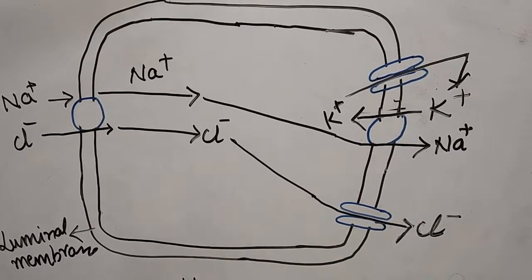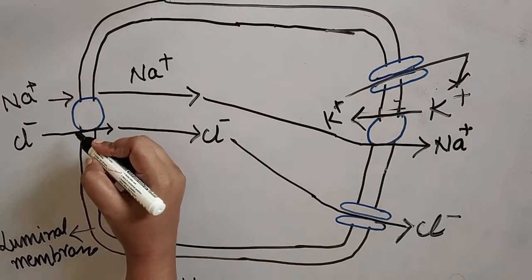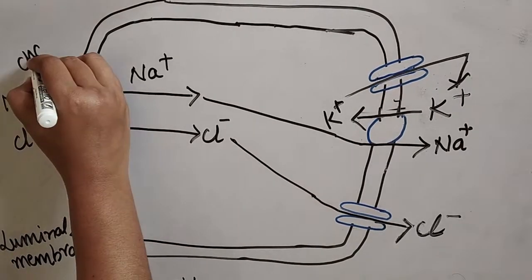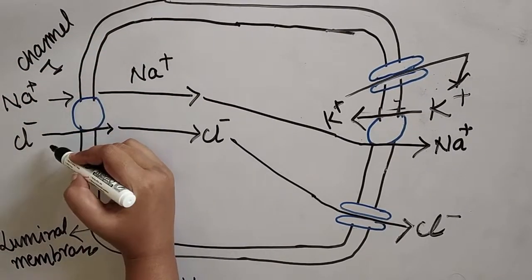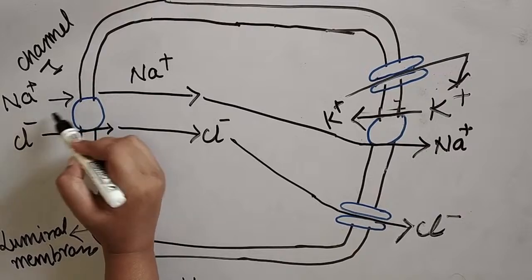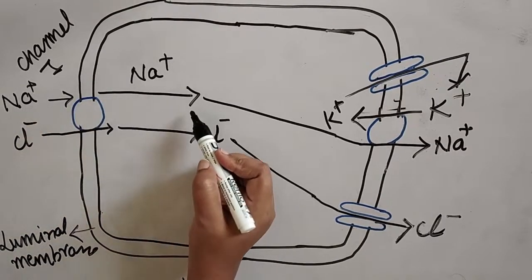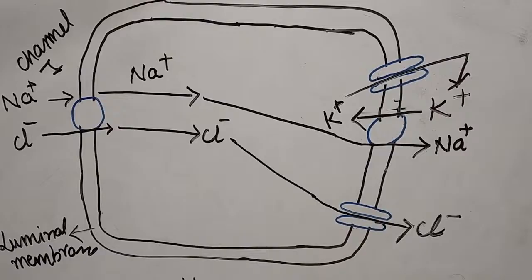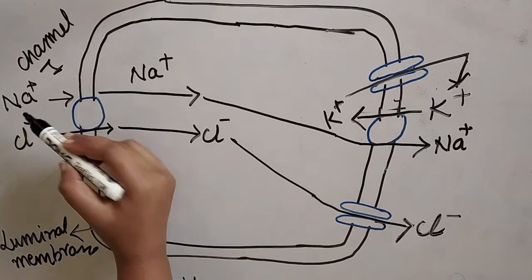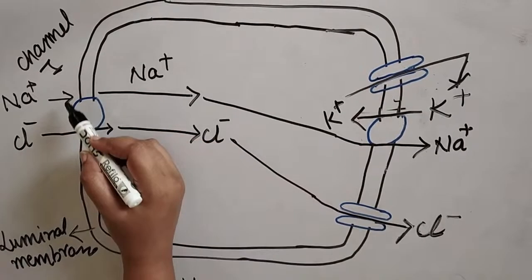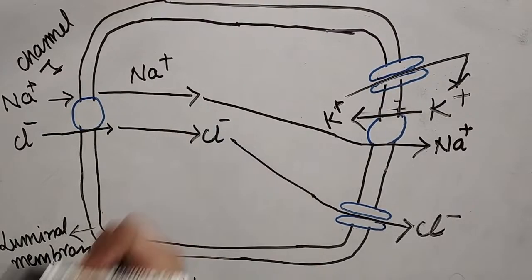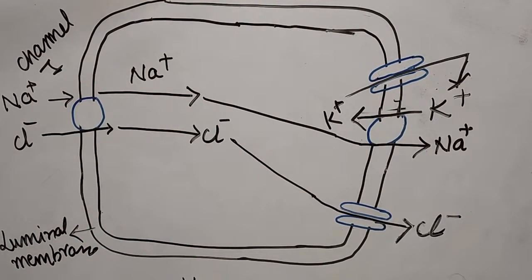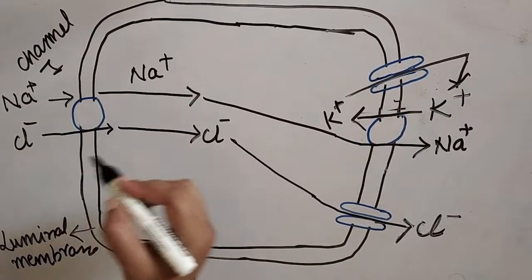In the first case, this is the sodium chloride channel, channel 1. From this channel the sodium ion will enter inside the nephron. So sodium ion enters through the sodium chloride channel, into the nephron portion of the DCT, the distal convoluted tubule, and the chloride ion will also take entry inside.